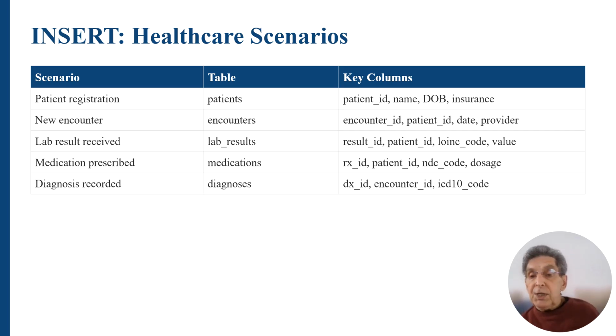And notice how each insert connects to other tables through foreign keys, an important concept. The patient ID in encounters references the patients table. The encounter ID in the diagnosis table references the encounters table. This is how relational databases get their power. This is a relational database in action.